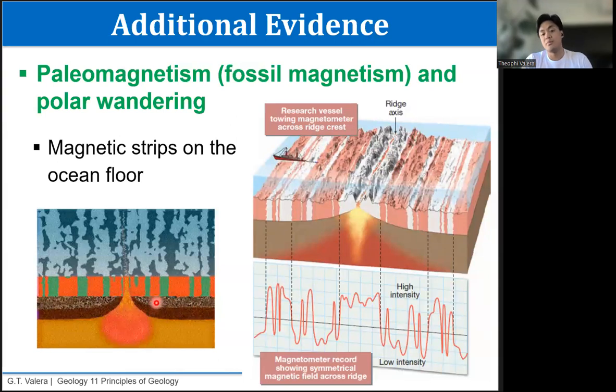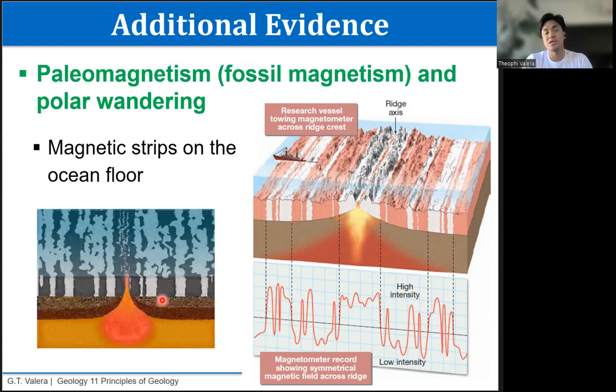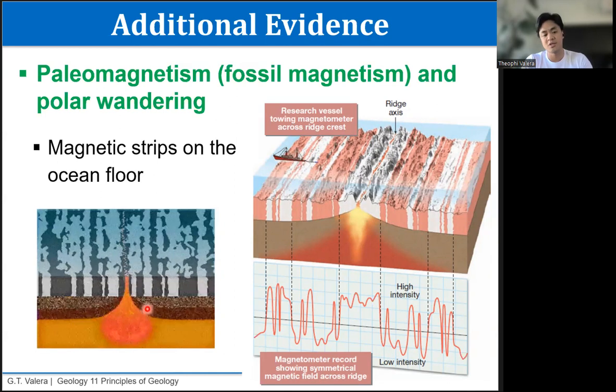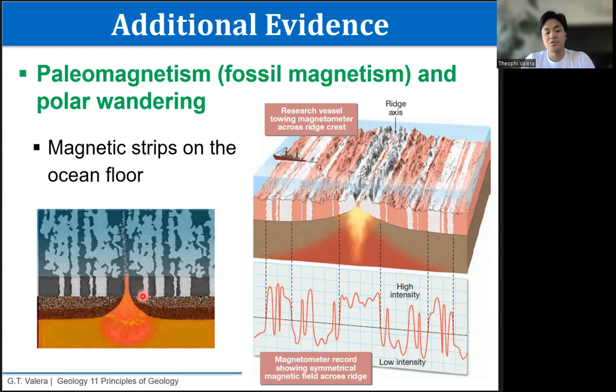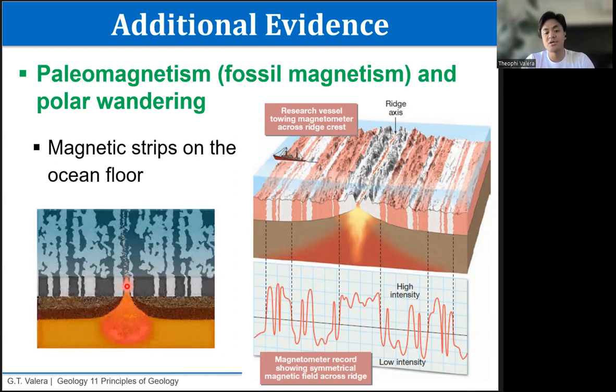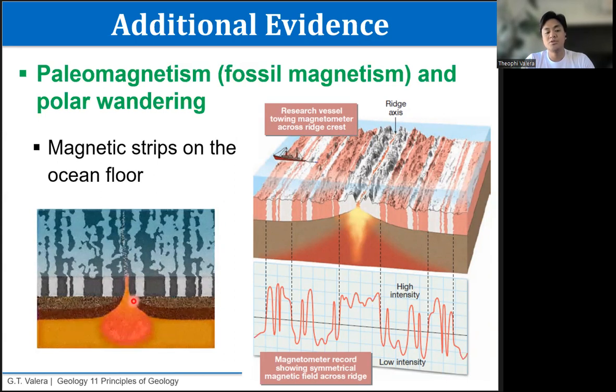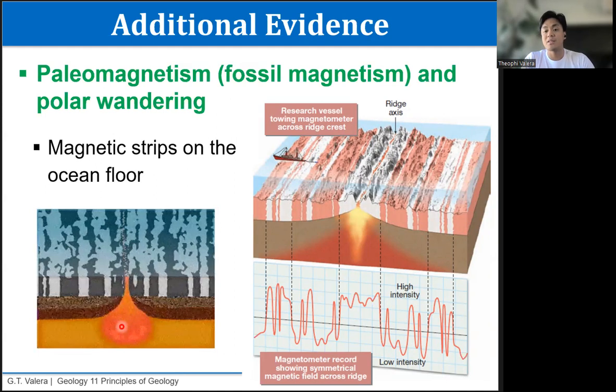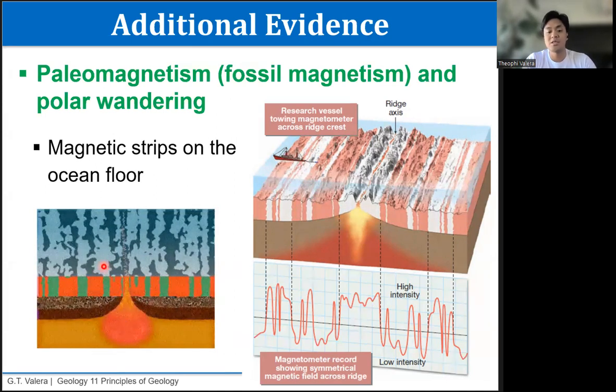So we call that normal polarity, as is today. So today, di ba, our magnetic north is roughly located at our geographic north. But there are also times during magnetic reversals wherein the geographic north actually corresponds to the magnetic south. So yun naman yung tinatawag nating polarity reversal.